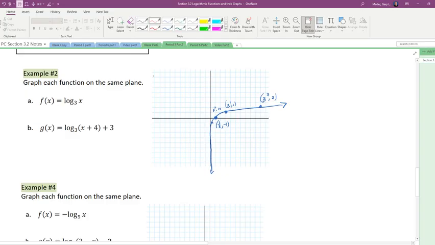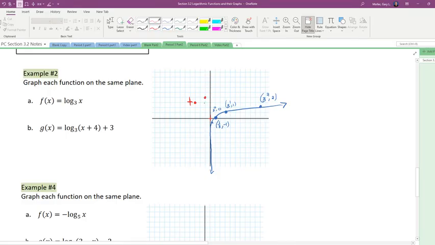All right, this one is shifting now, and shifting very predictably like they all do. It's going to shift over 4. So I'm going to shift my axis as usual, and I'm going to move it over 4, 1, 2, 3, 4, and up 3, 2, 3. So my new x and y axis is located here, and now I'm just going to graph that same picture, but from that spot. So I know I'm over 1 at 0, I'm over 3 and up 1.